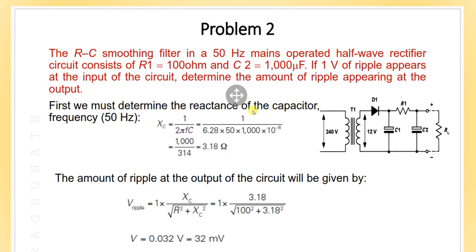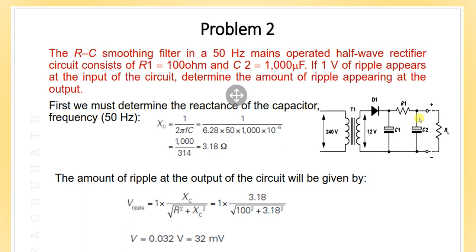Let us go to the next problem. Problem number 2. It is a problem on smoothing filter circuit. The RC smoothing filter in a 50 Hz mains operated half wave rectifier circuit consists of R1 is 100 ohms, C2 is 1000 microfarad.